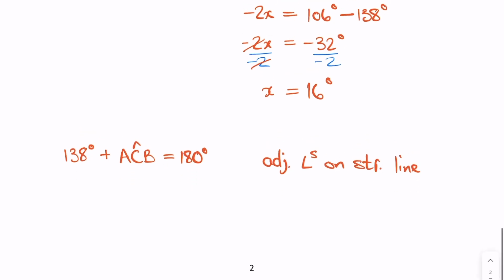Okay, now I can solve for ACB. ACB, or C1 if you've defined it as C1, will be equal to 180 degrees minus 138 degrees. So that means that ACB is equal to 42 degrees.